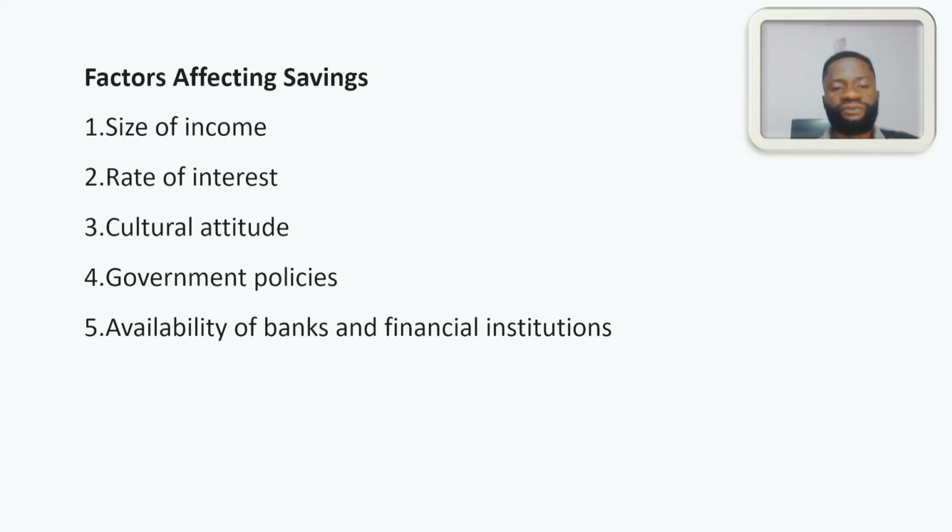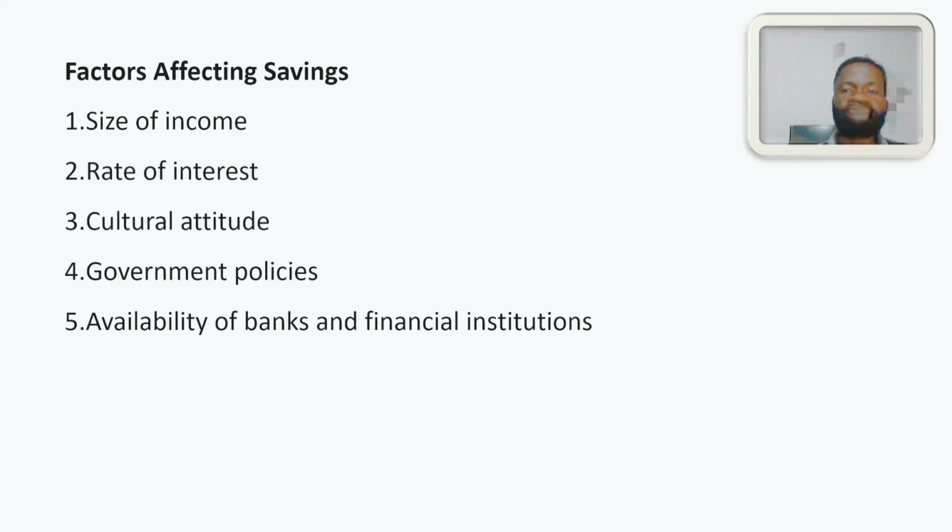Take for instance a teacher that earns 6,000 naira per month. Such a person may end up spending almost everything on basic needs like food, transportation, school fees, rent, and so on. But someone that earns close to 1 million naira per month can comfortably meet those basic needs and still save a significant amount of money.